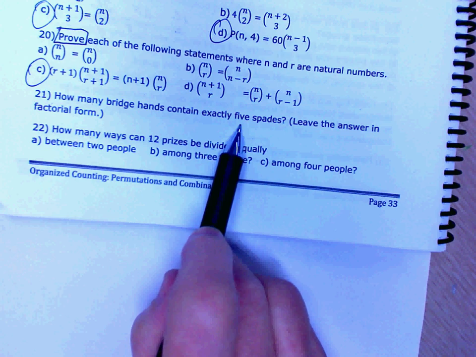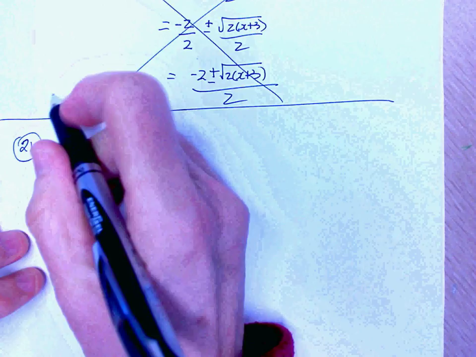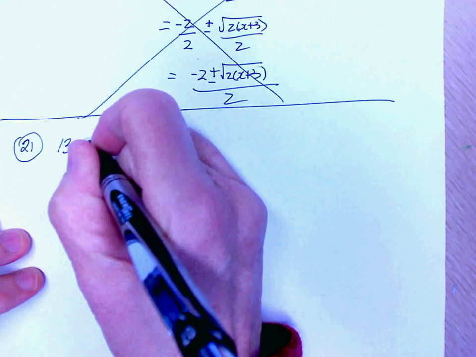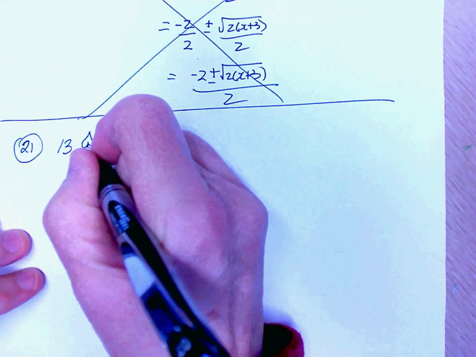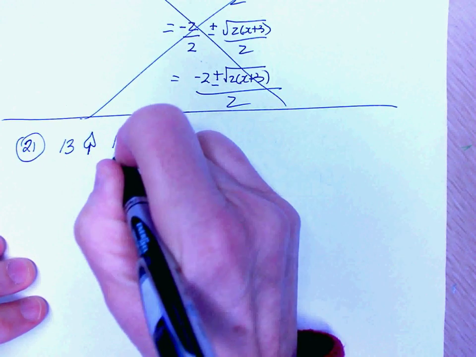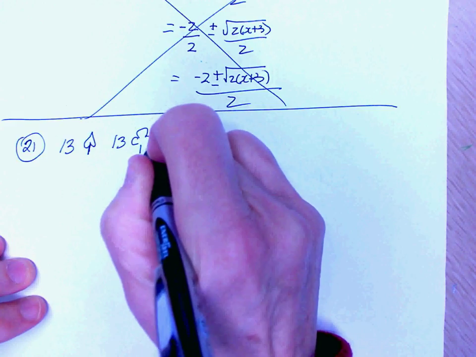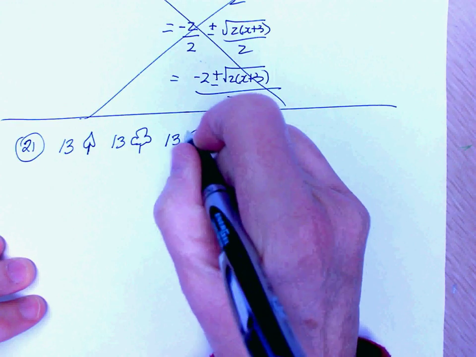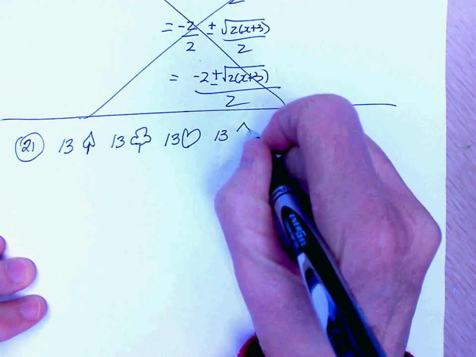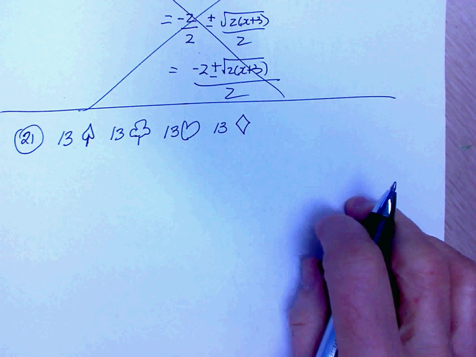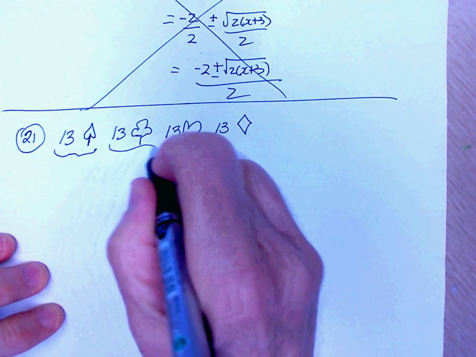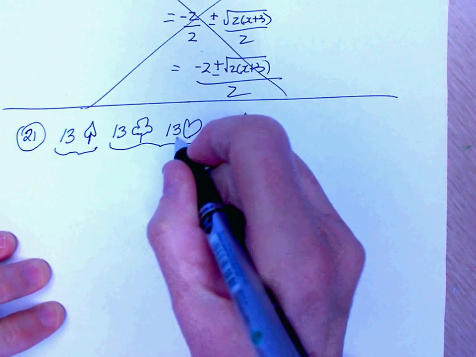The important thing to realize is that there are 13 spades in a deck of cards. Then there's 13 clubs, 13 hearts, and 13 diamonds. So there's 13 spades, and then there's 39 non-spades.